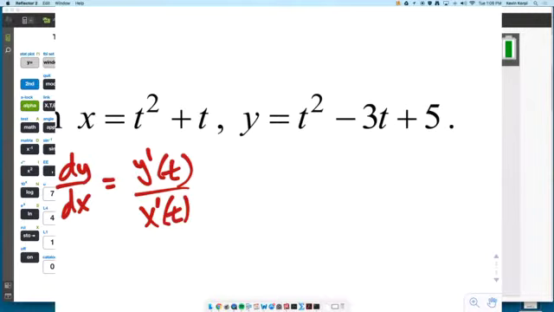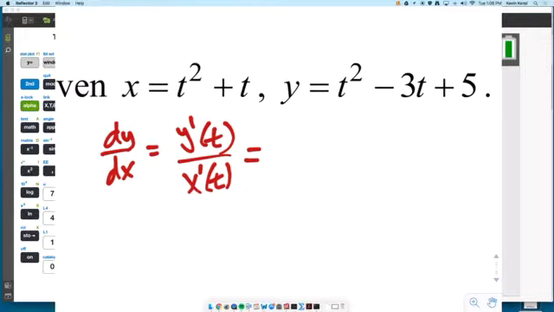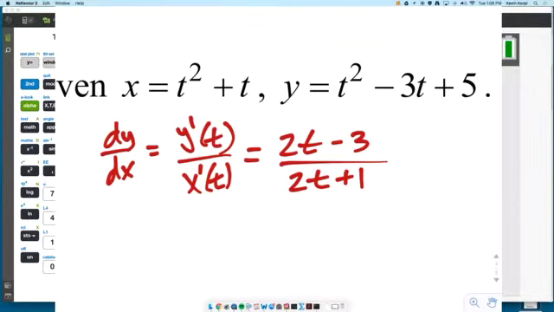I prefer to use function notation there instead of Leibniz, because Leibniz notation becomes kind of a complex fraction. So let's create the derivative function first. What's y prime of t? 2t minus 3. Excellent. And then x prime of t is 2t plus 1. So there you go. We have a first derivative of y in terms of x as a function of t.